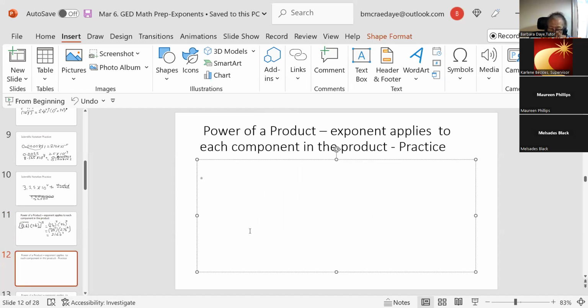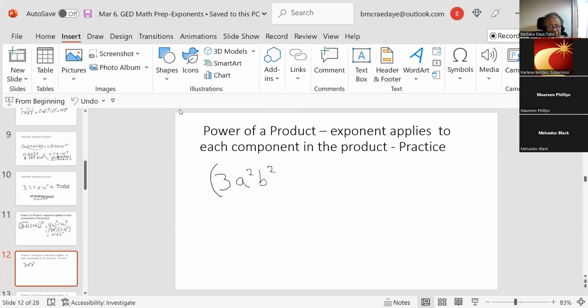This is 3a to the second, b to the second, and I want, let's see, times 2a to the second, b to the second, and this is all raised to the second power.